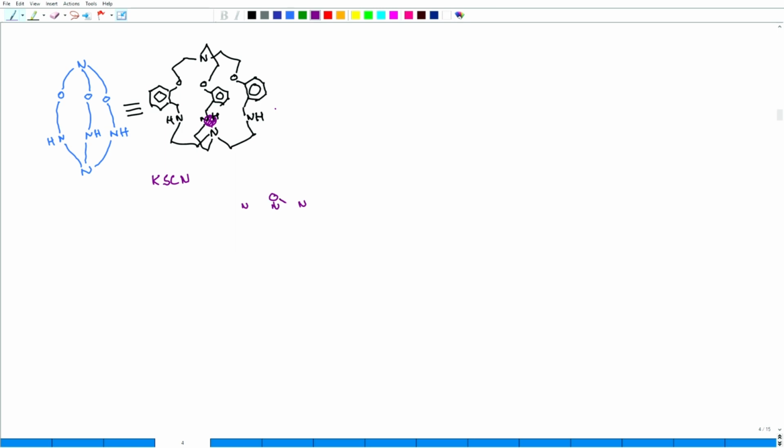The metal binds to these 3 and then 4 nitrogens, so that this site is empty. If we put potassium thiocyanate, now thiocyanate binds to copper through nitrogen.